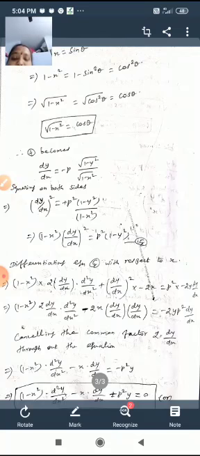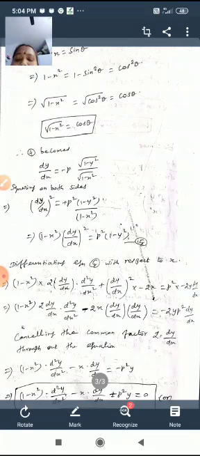We rearrange the terms: 1 minus x squared into 2 into dy by dx into d squared y by dx squared, minus 2x into dy by dx into dy by dx, equal to minus 2y p squared into dy by dx. Cancelling the common factor 2 dy by dx throughout the equation.